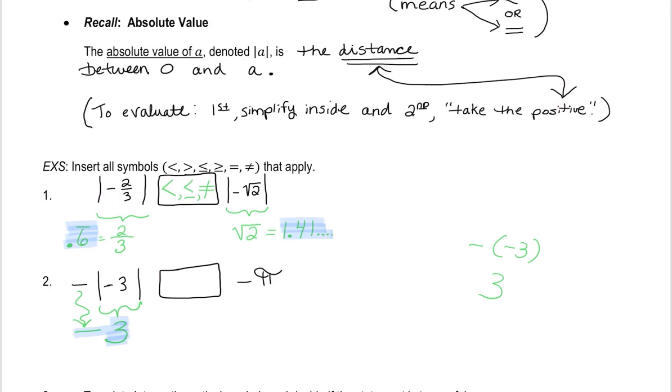Now, on the right-hand side, there wasn't any absolute value this time. It's just negative pi. So we need to think of that as its decimal form, at least a little bit, negative 3.14, and obviously it goes on and on forever. So these are the two numbers that we want to compare.